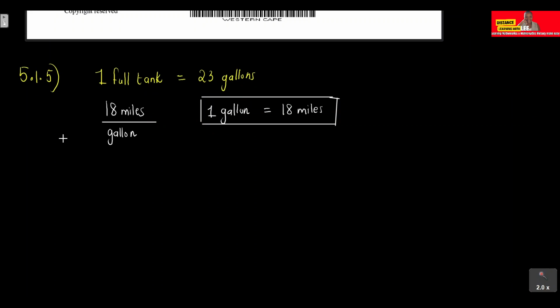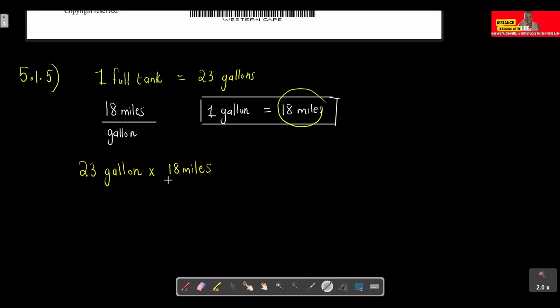So we're simply going to use this. It's going to be 23 gallons. At this point, this should be super easy. You multiply by what you want, the miles. We want to determine how many miles a full tank can cover, so you multiply by 18 miles and divide by what you have, in gallons, so 1 gallon.